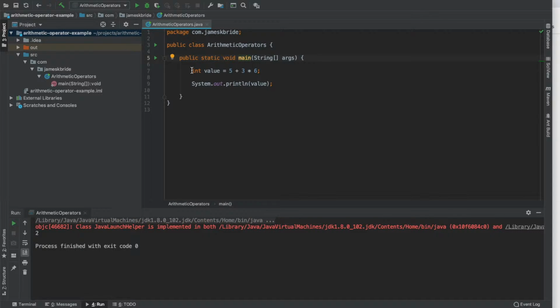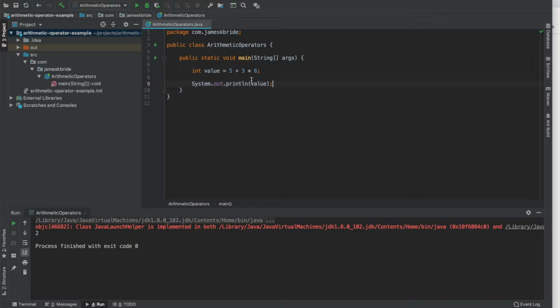As you can see, I've declared a variable here. Actually, I've initialized a variable, and I've got some math operations that I'm performing. We've got 5 plus 3 times 6, and then we print that out. You might be wondering what we get when we run this, and it's very much dependent upon the order of operations.